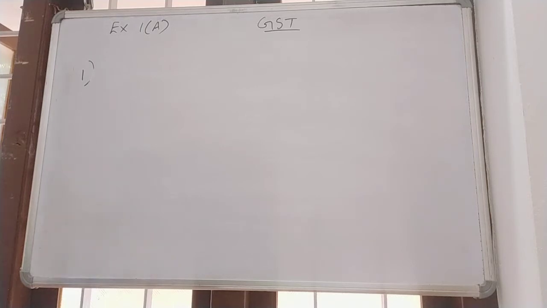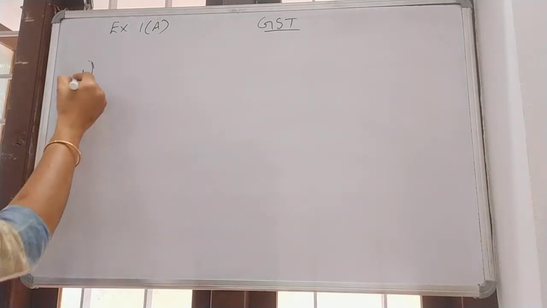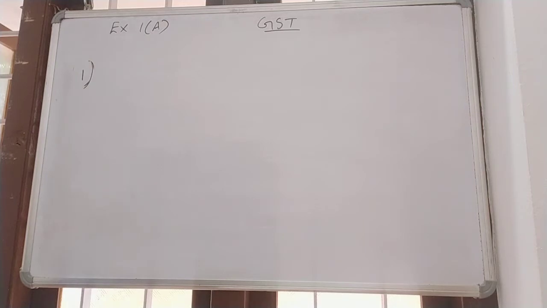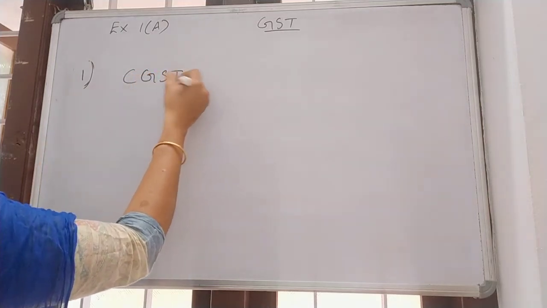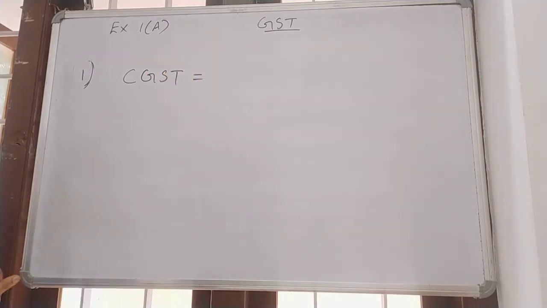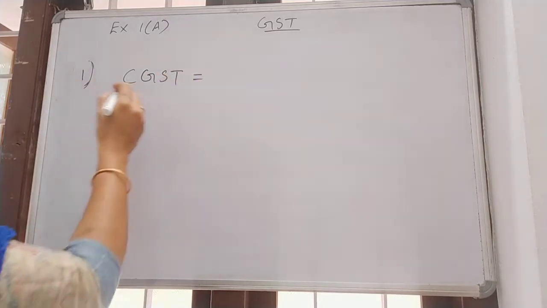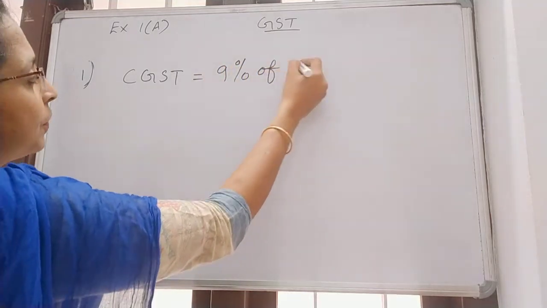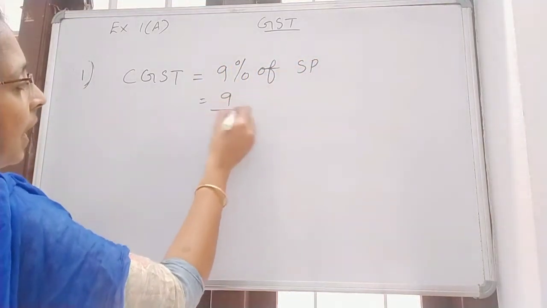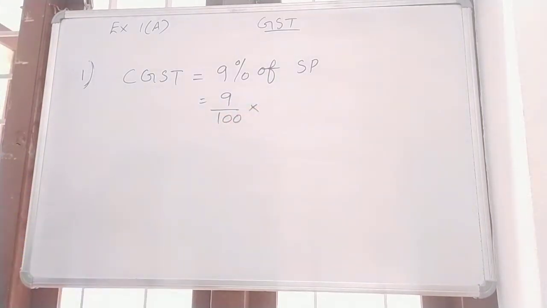Therefore, IGST will be 0. We can write CGST. CGST is equal to, given GST as 18%, so CGST will be 9% of the selling price. That is 9 by 100 into selling price.